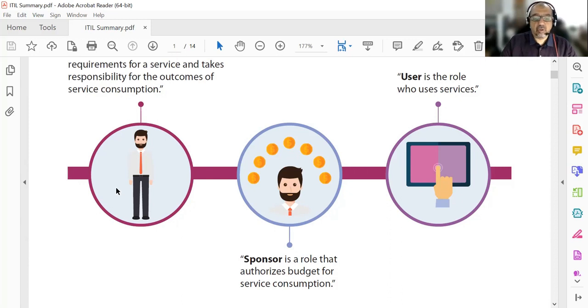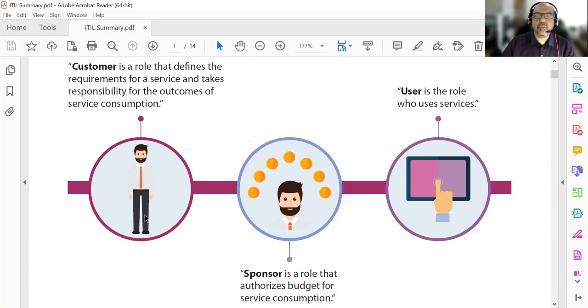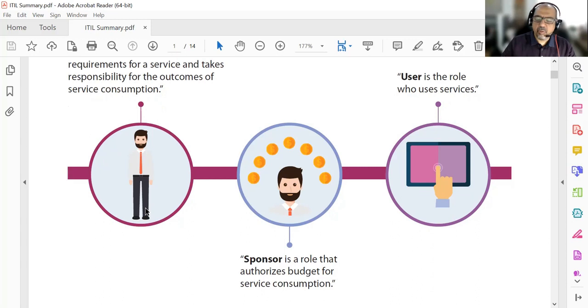Could be our owner, our CTO, our CIO, our IT manager, whatever. In my house, it's me, maybe, or someone else. So this is the customer. Defines the requirements for this internet speed, how many connections, and so forth.